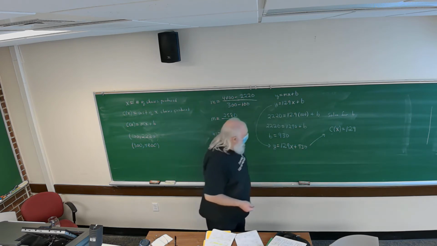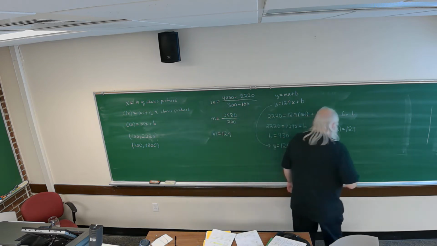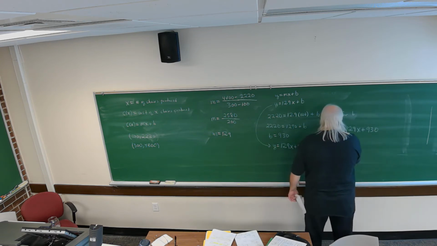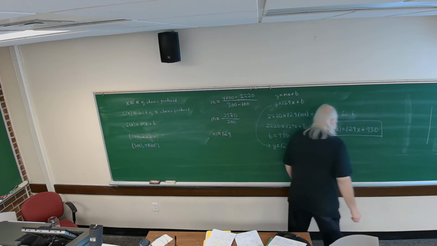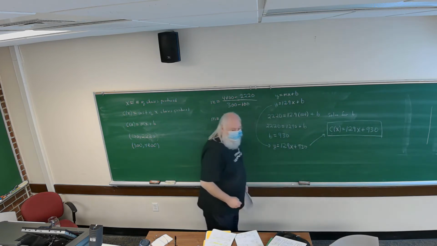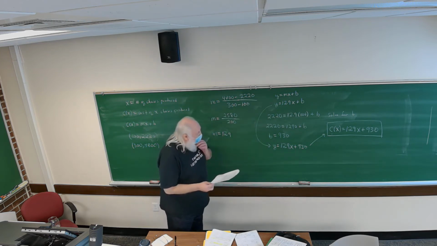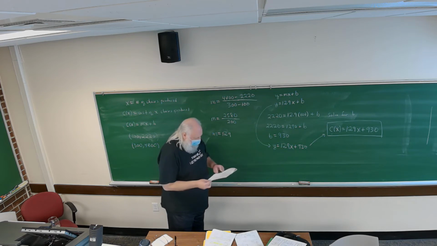C for cost is equal to 12.9x plus 930. And you're done. So that's A. That's our cost function. Okay.